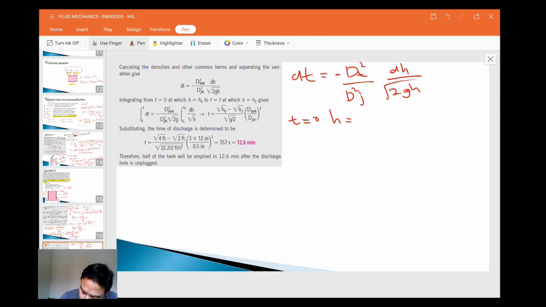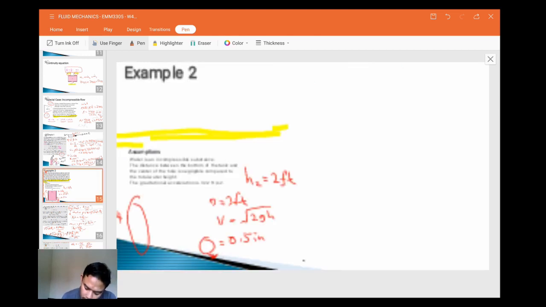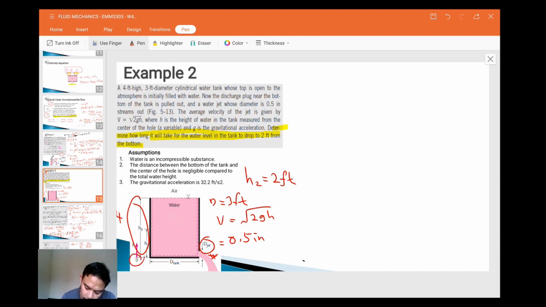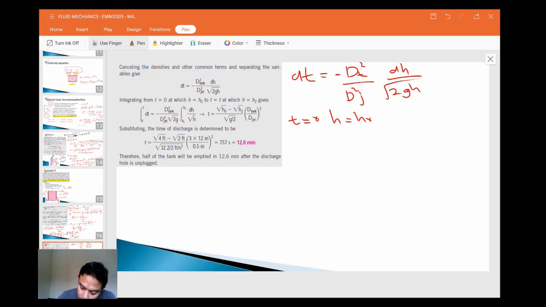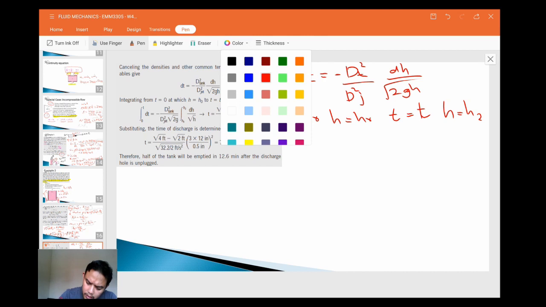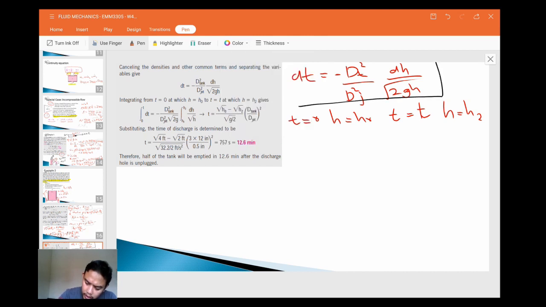From this equation, the question says that at t0, h is equal to h naught, and at t final, h is equal to h2. So we can integrate the dt to get t.